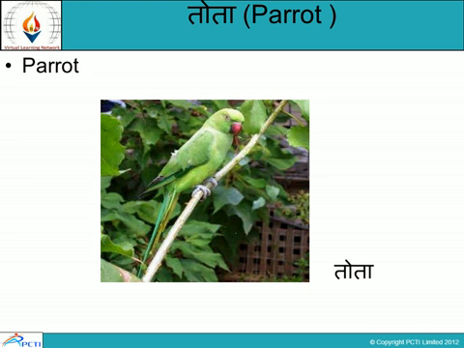Whatever man says, it copies. So this bird is called parrot. It is usually domesticated by people, and this bird is called parrot. In Hindi we call the bird as tota. What do we call? Tota.